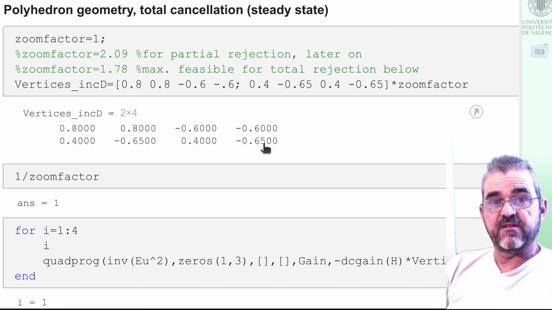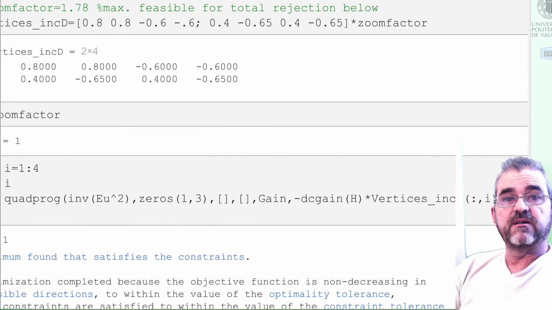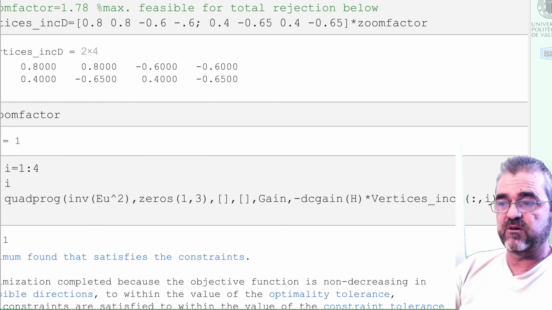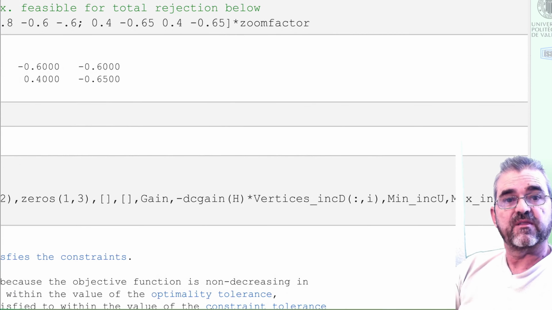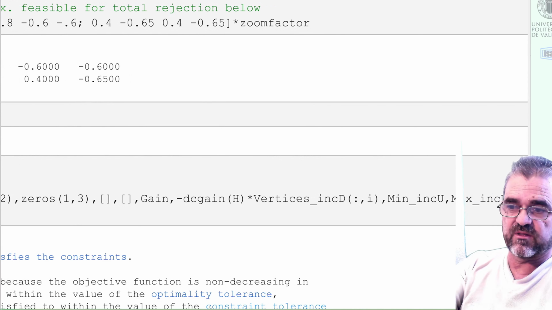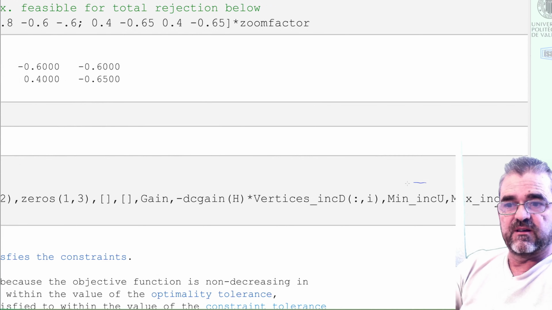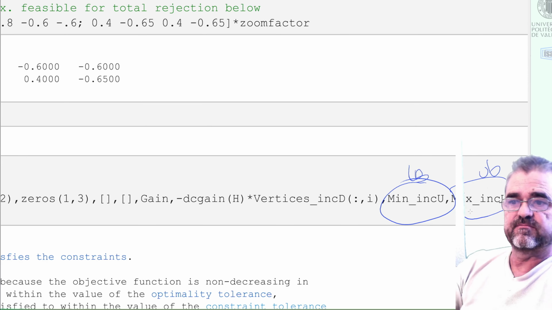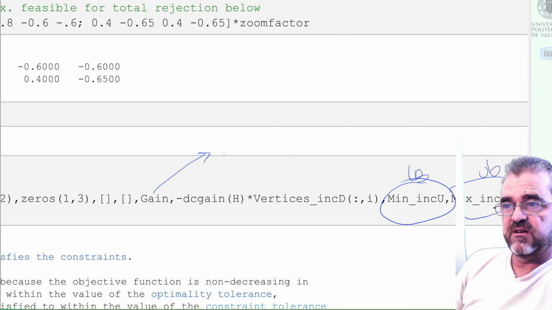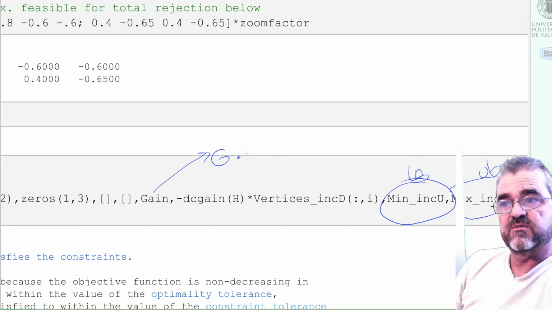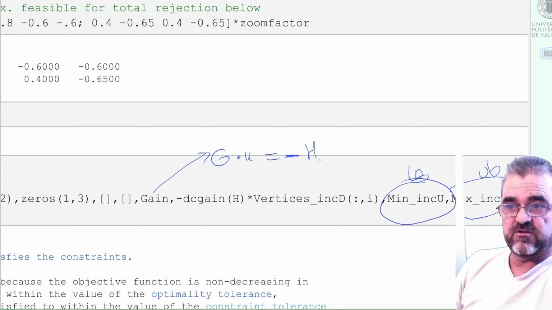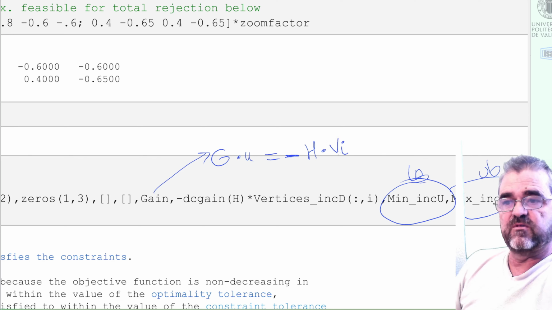The way to check whether there exists a U in my required upper and lower bounds that cancels the disturbance will be with quadprog. Here I have the lower bound, here I have the upper bound, and here I am saying that G times U must be equal to minus H times each of the vertices of the disturbances.